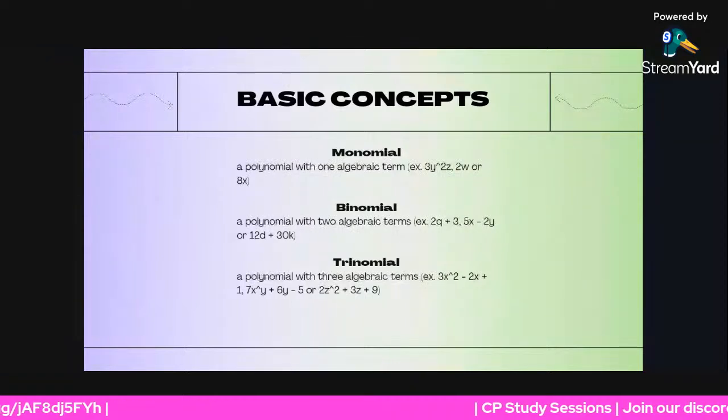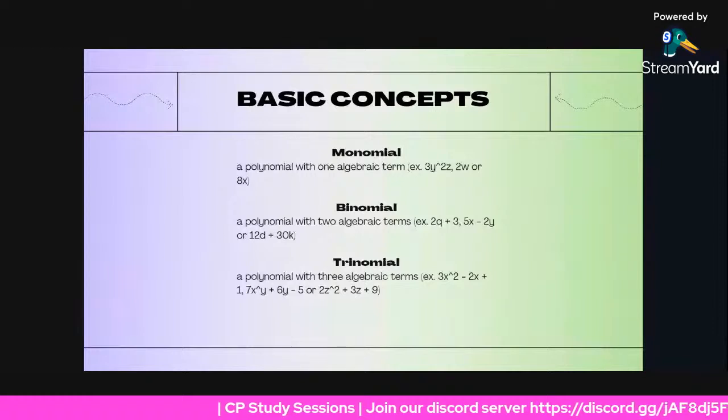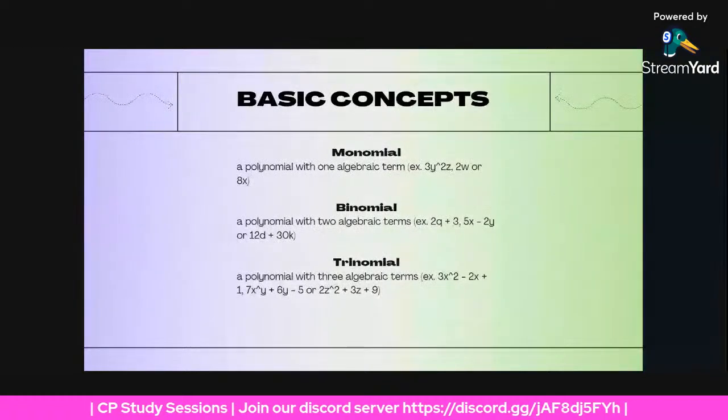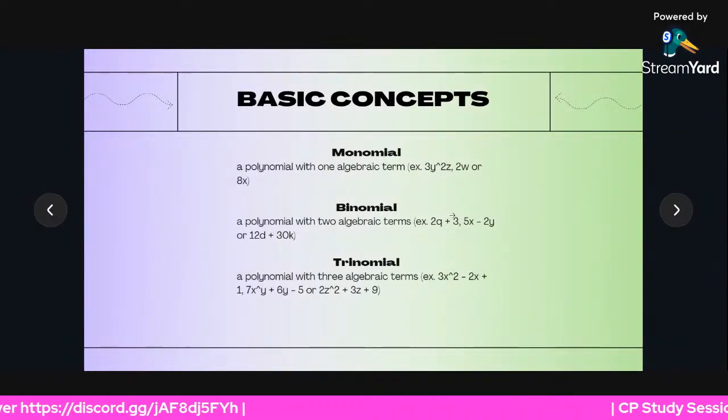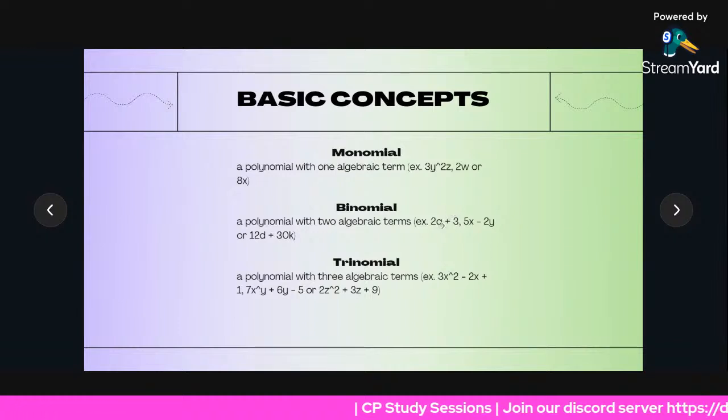Example, 2q plus 3, 5x minus 2y, or 12d plus 30k. So, mapapansin nyo sa binomial, meron na siyang involved na operating symbol, which is makikita nyo dito is addition, subtraction, pero pwede rin siya sa multiplication and sa division.